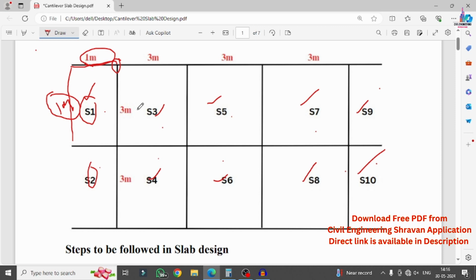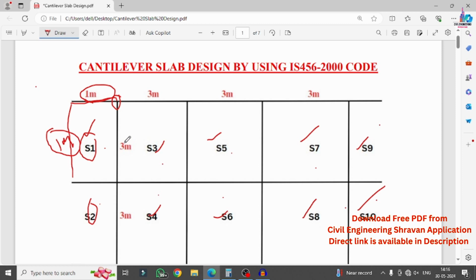In this example I am dividing this cantilever slab into 3 panels, each panel considered as 1 meter for simple calculation. You can consider the same reinforcement for each of these panels. Remember, we have to consider the unit width of the slab, so a unit 1 meter width of the slab for the design.